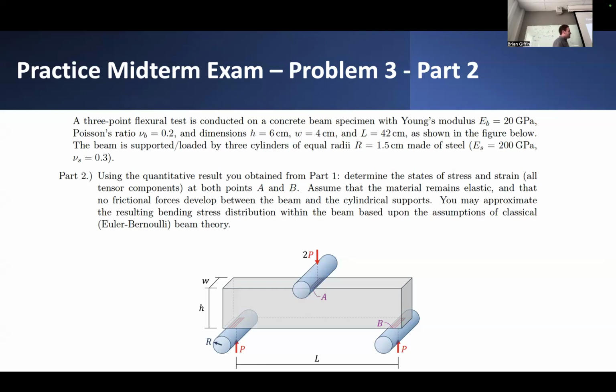But we can apply classical principles from mechanics to go back and figure out how to actually determine the internal bending stress distribution in this beam. Remember, if this was idealized as a simple beam and you were back in your strength of materials class, applying your regular principles of mechanics to figure out the assumed linear distribution of bending stress in this particular cross-section of the beam, how would you figure it out?